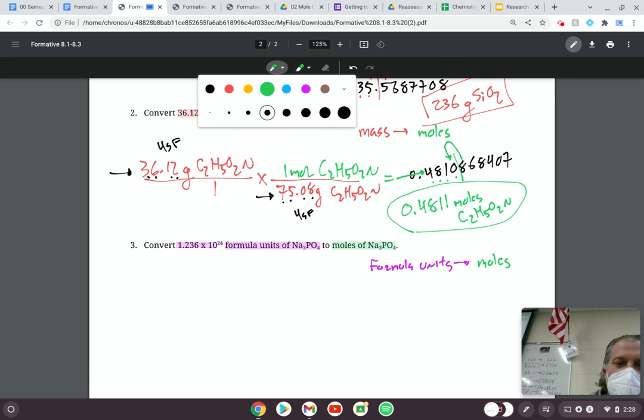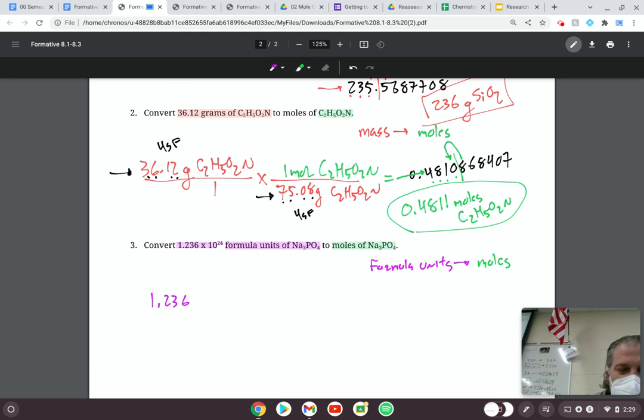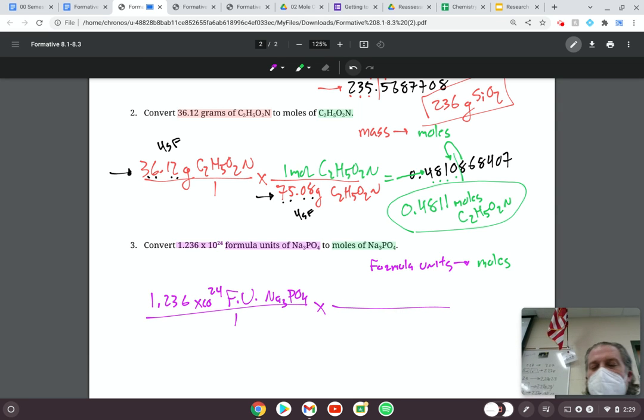So I'm going to take the 1.236 times 10 to the 24th formula units of Na3PO4, put it over 1, and it's a one step because I'm going formula units to moles.